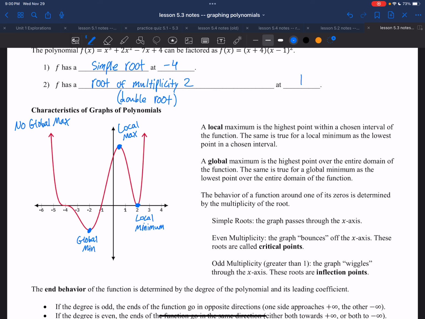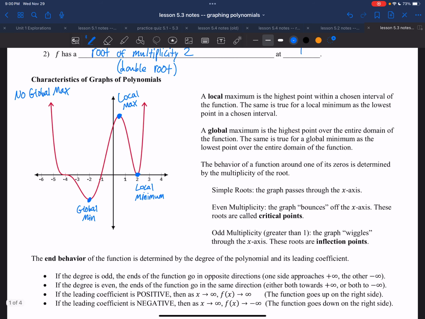The next piece is on the behavior around roots, which, I use the word root a lot. I should also say zero in my vocabulary because you're going to see that one too. Roots and zeros, same thing.